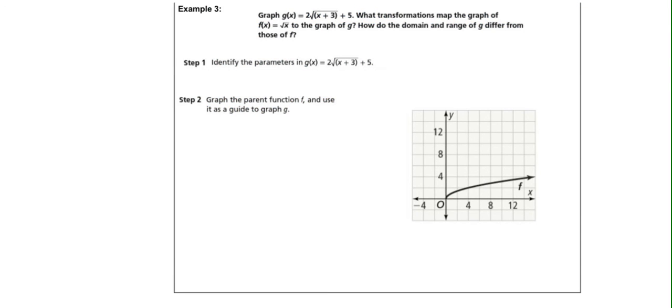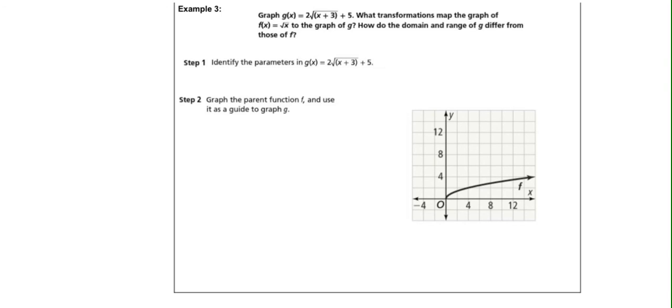All right. So now we're going to use transformations to map the graph of a given function. Okay. So we're given it in the form a times the radical of x minus h plus k.